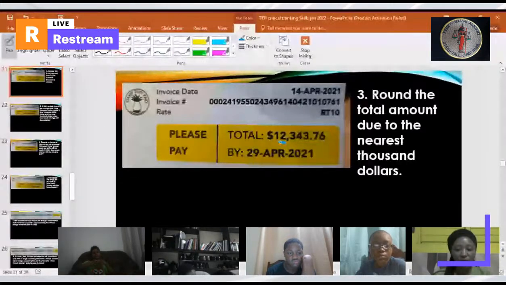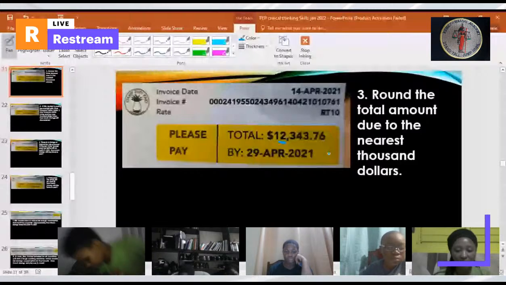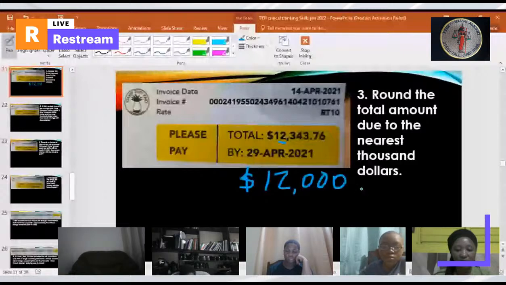The digit to the right of it is 3, and since it's less than 5, we don't add 1 to the thousand place, but everything to the right will become 0, and we don't have to pay any mind to the cents because we're just rounding to the nearest $1,000. So it will be $12,000, and we can put 00 for the cents.